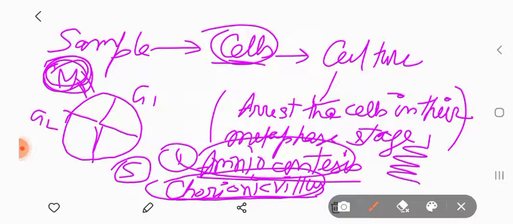So different samples can be used for karyotype analysis. You can use a sample from the skin if you suspect that a person has skin cancer. Karyotype analysis can also be done for historical importance, for example the dead bodies of mummies from the mummification process, where they collect samples and undergo karyotype analysis.